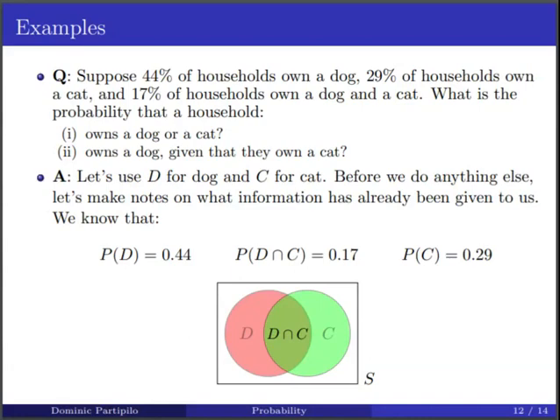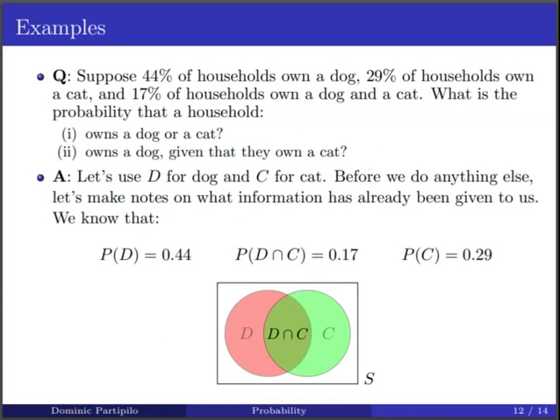All right, so let's look at another example here. Suppose 44% of households own a dog, 29% of households own a cat, and 17% of households own a dog and a cat. So what's the probability that a household owns a dog or a cat, and what's the probability that a household owns a dog given that they have a cat?